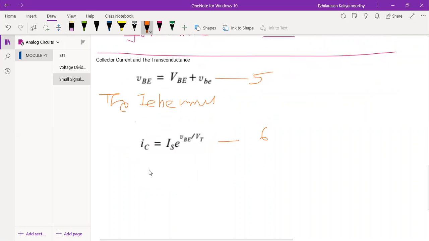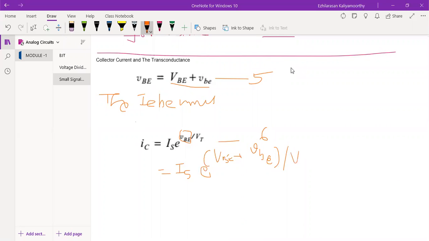So now what you will do? You have to substitute this VBE, which should be replaced by this. When you replace that VBE, what will happen? IC is equal to IS into e to the power (VBE plus vbe) divided by VT.